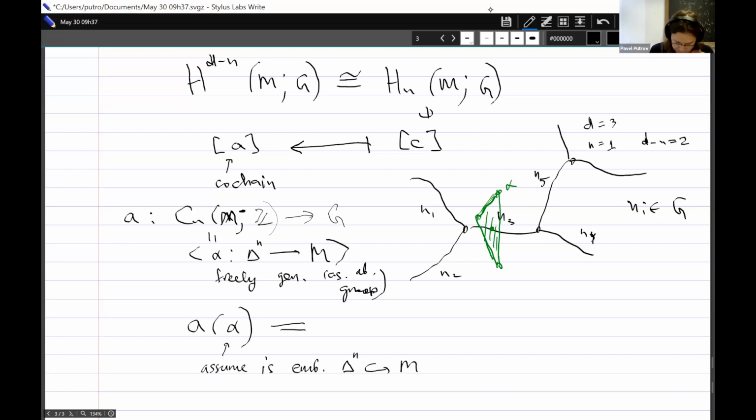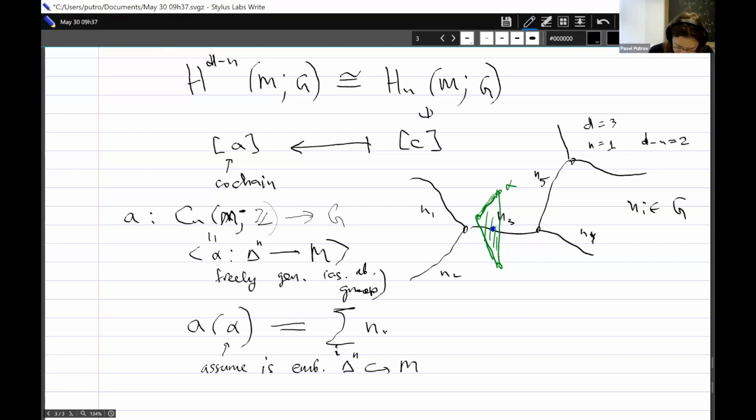And then we want to see where this simplex intersects our network of defects, and we sum over all intersection points.